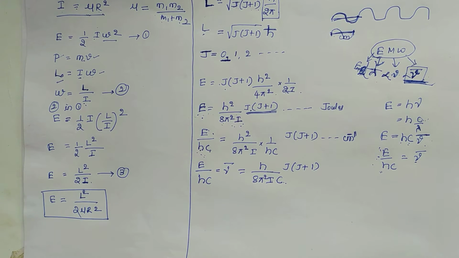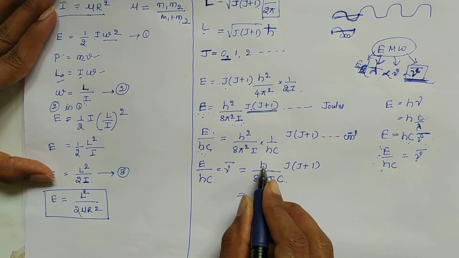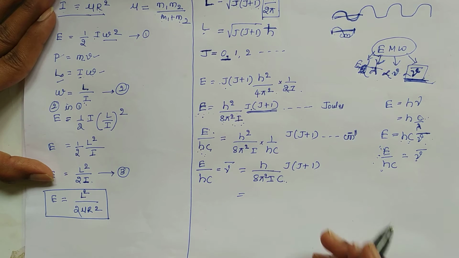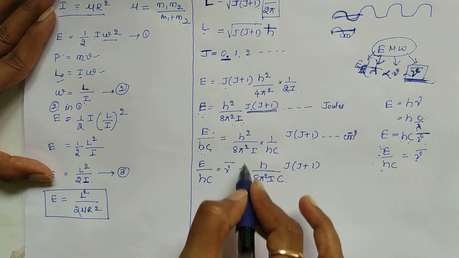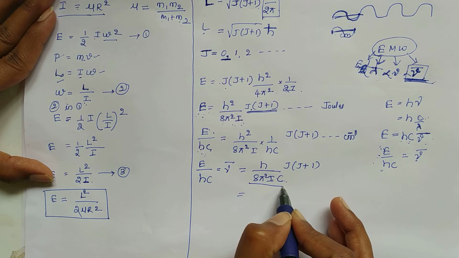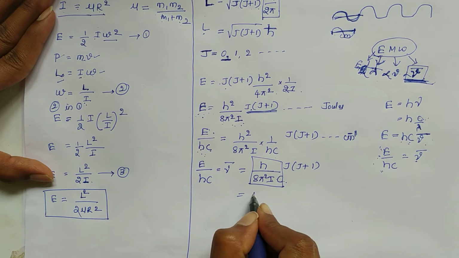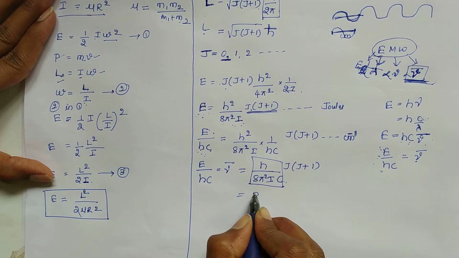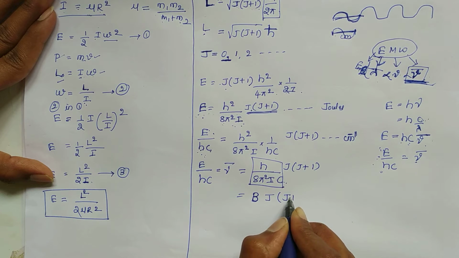What is c? c is the speed of the electromagnetic wave. All these terms are constants: I is constant, c is constant for a given wave, and h is also constant, so this term becomes constant. This I am going to replace by one constant called the rotational constant, represented by B. So this is B into J of J plus 1.